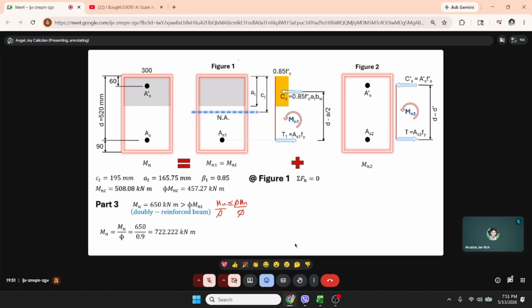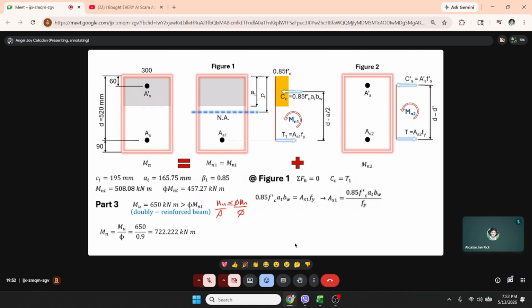So at this figure 1, summation of force horizontal, so Cc equals T, T1. So we have 0.85 Fc prime, a, times BW equals to AS1 Fy.